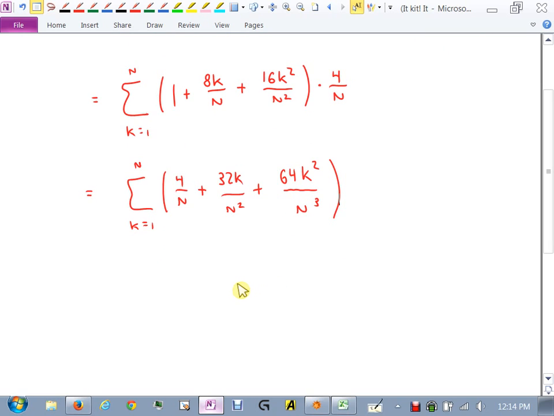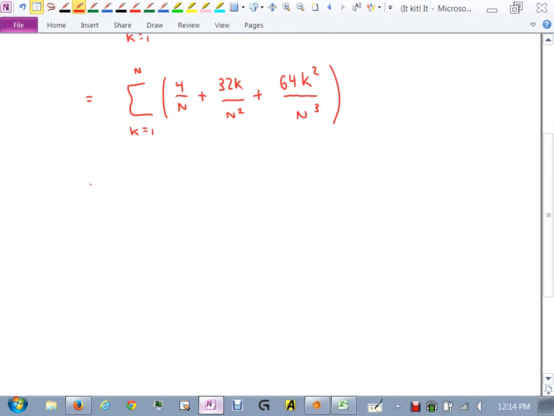What I'm going to do now is, how do I want to do this? I'm going to break it into 3 sums. Am I allowed to break it into 3 sums? Yeah, the properties of sums says I can do that.